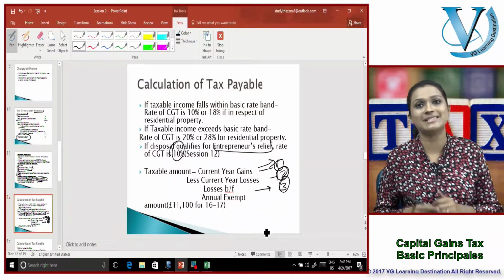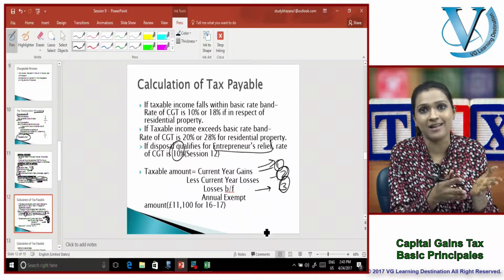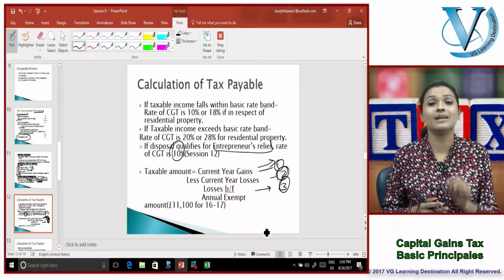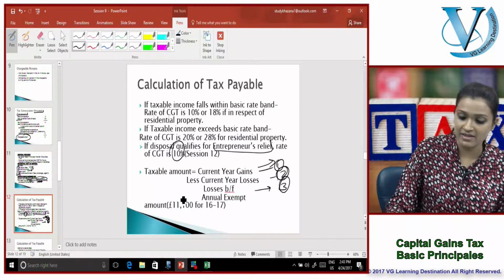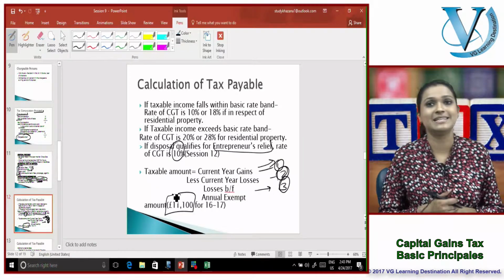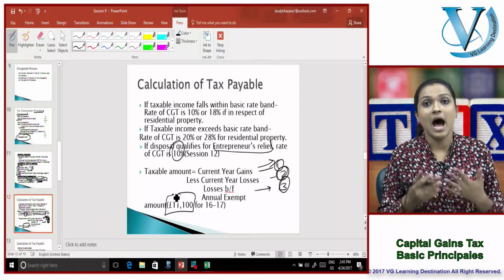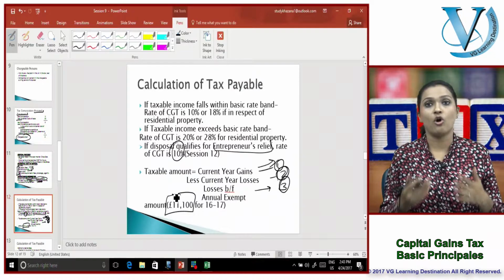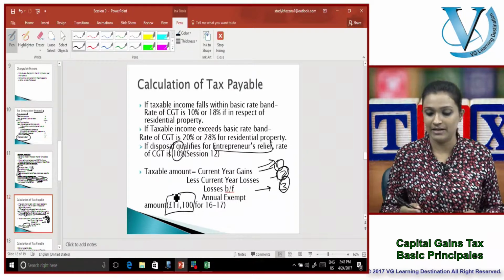Also, like for our income tax we have our personal allowance, similarly for capital gains tax we have been given an annual exempt amount of 11,100 for 16-17. So you reduce this applicable base rate of 11,100 from your taxation liabilities.